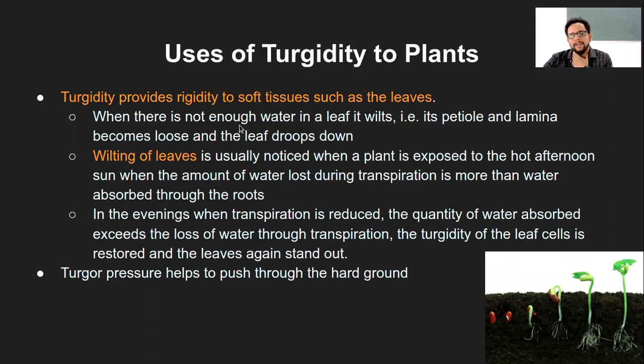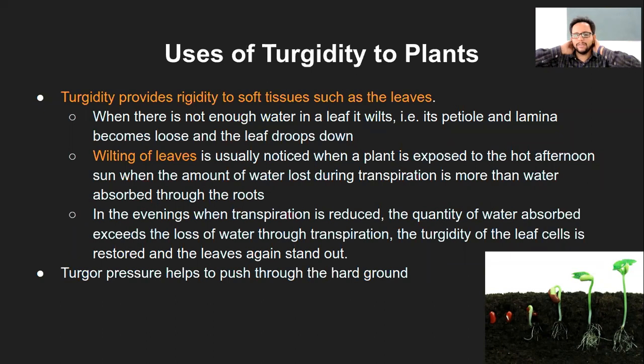Now when there is not enough water in the leaf, right? Let's say you haven't given water to the potted plant, or even on the farm, the leaf wilts, that means the petiole and lamina. Petiole is the stem of the leaf and lamina is the surface, right?